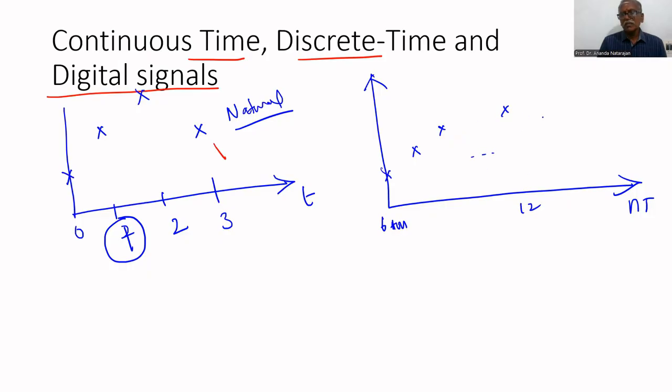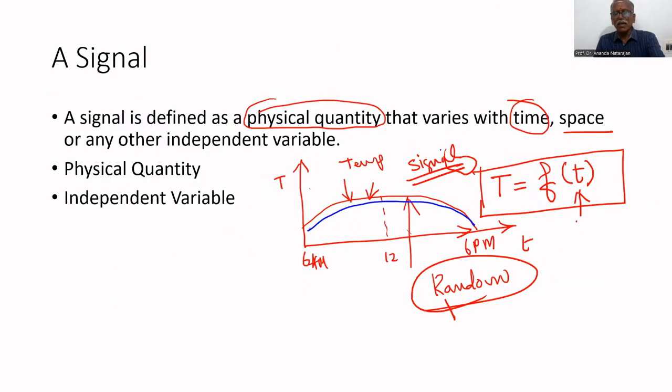At 1 o'clock? 2 o'clock? At 6 o'clock? Every 1 hour the temperature is recorded. Then it is called a discrete time signal. These are all values taken from the continuous signal. So we are sampling the signal every 1 hour, and we got the values.